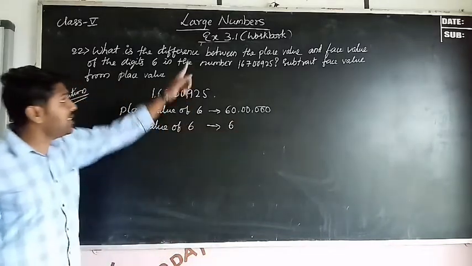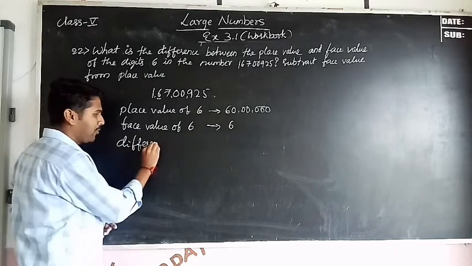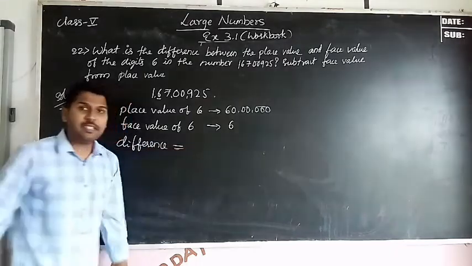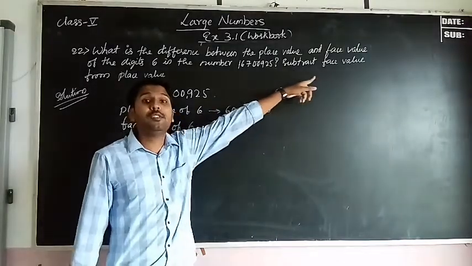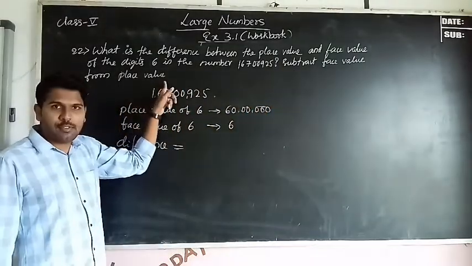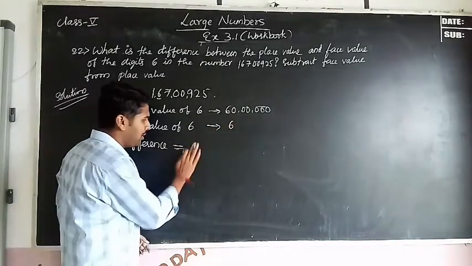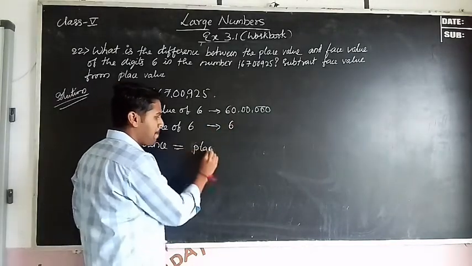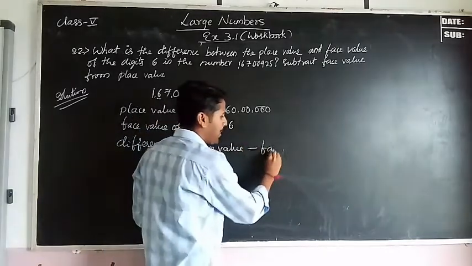Okay. Next they ask difference. So difference means subtraction. But they have given here, subtract face value from place value. Place value means, first write down the place value. Place value minus face value.